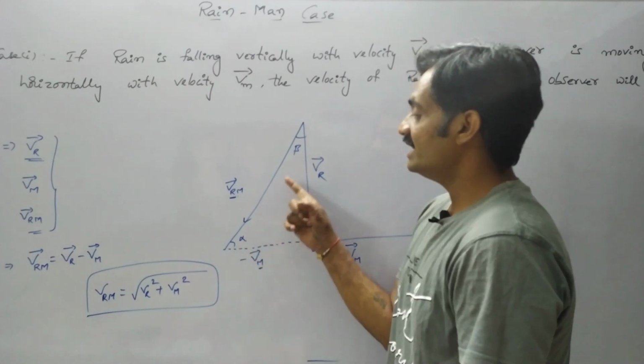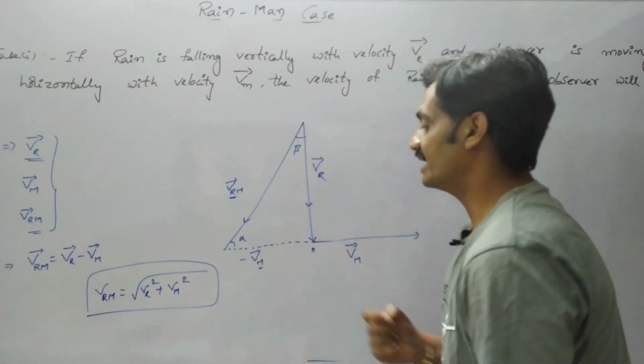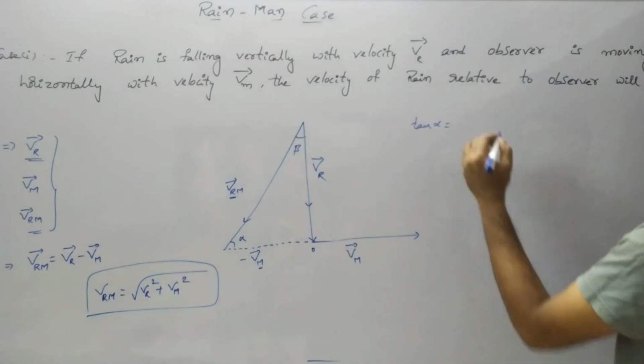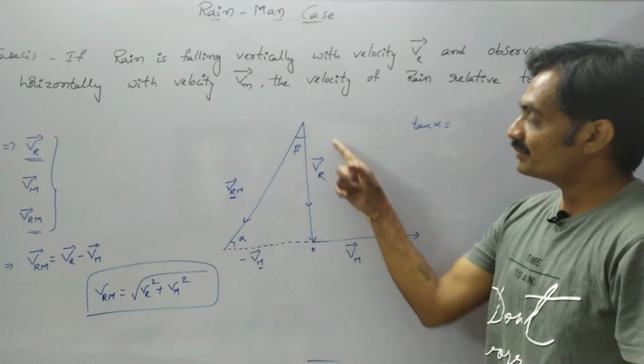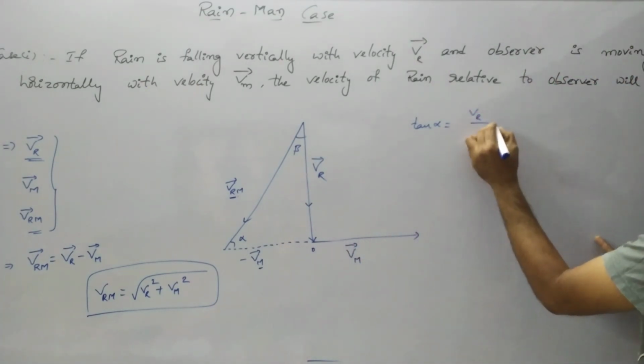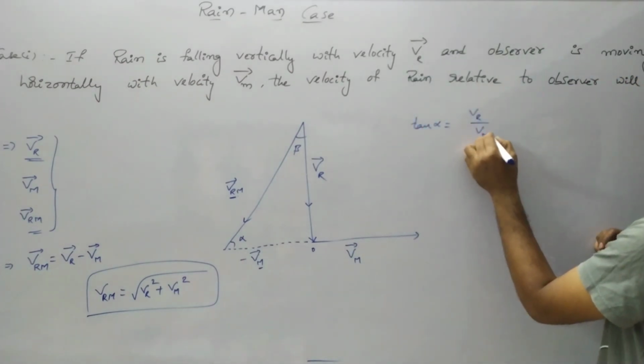It represents the angle of the rain as it appears to this man, whereas tan alpha equals the opposite side, nothing but v suffix r, by the adjacent side v suffix m.